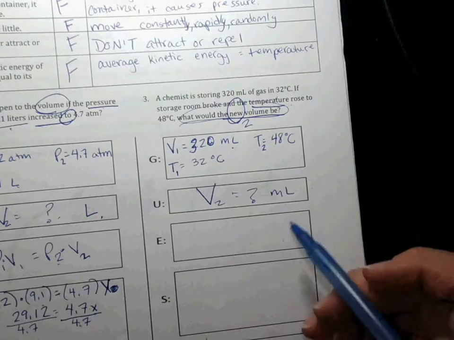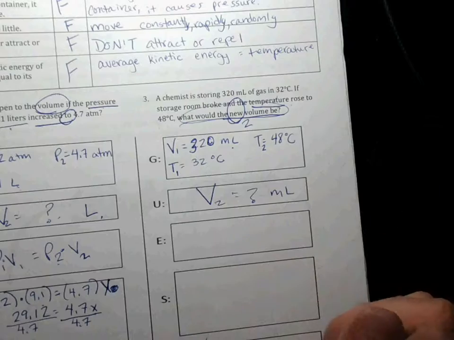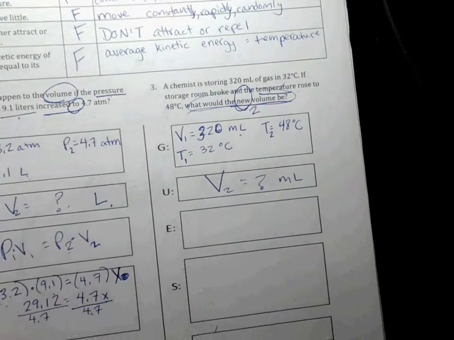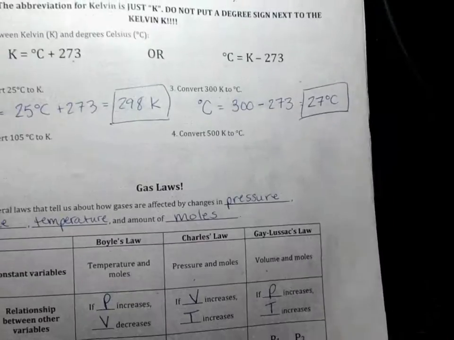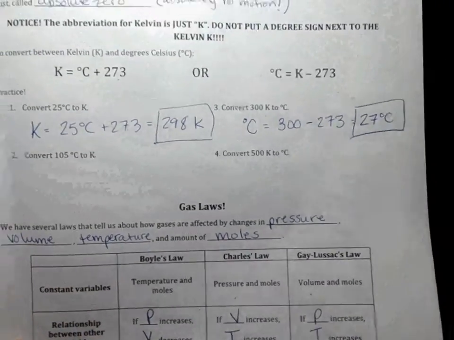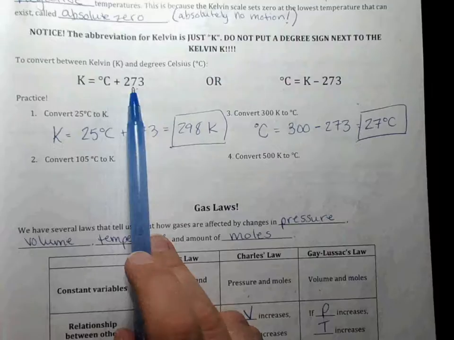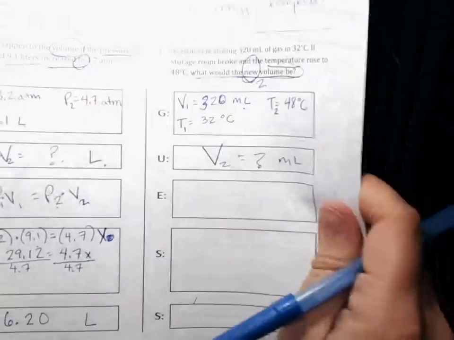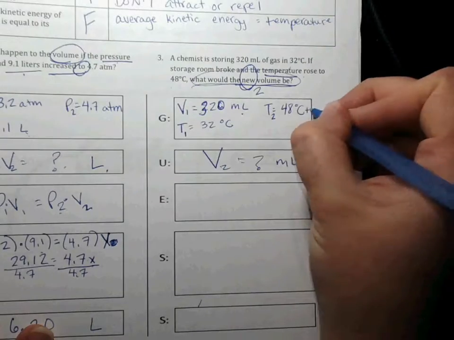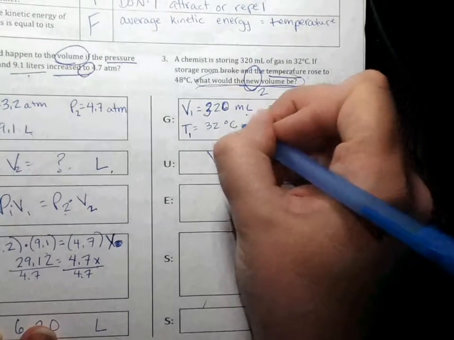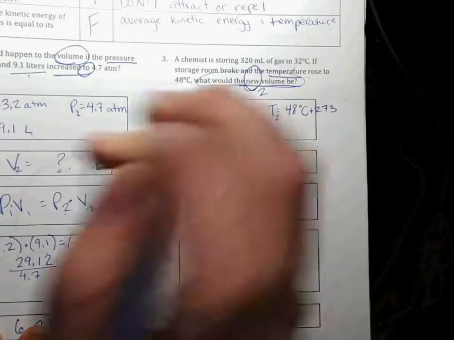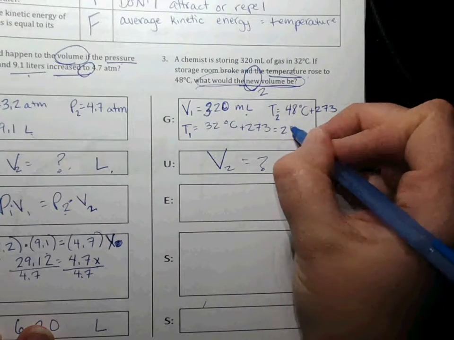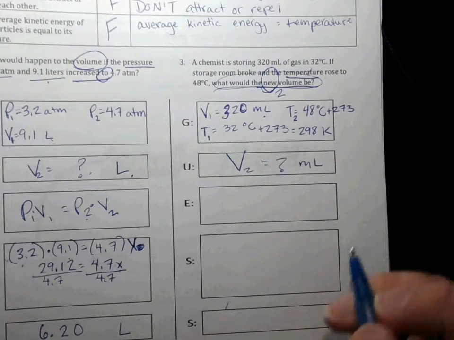And one final thing, we cannot use Celsius in our equations in this unit. We have to have Kelvin, so that means we're going to have to convert it. So, again, Kelvin is Celsius plus 273. So we take our Celsius, we add 273. So 32 plus 273 is 298 Kelvin.